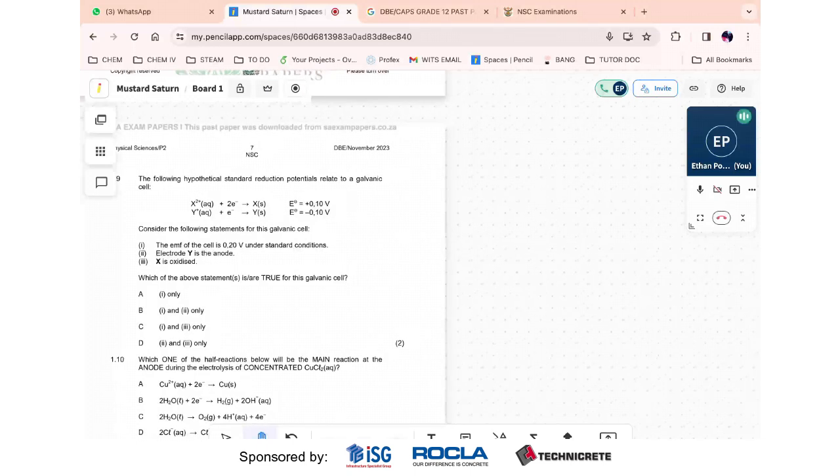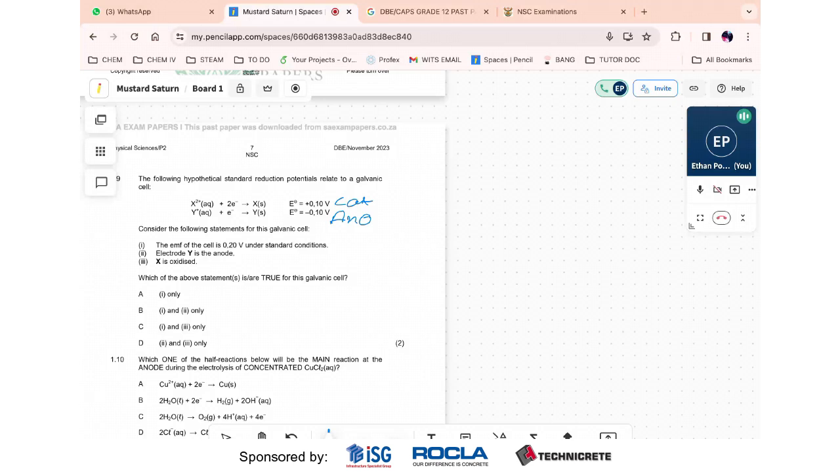There's a couple different ways you can calculate the cell potential, but essentially it's usually easier to just say cathode minus anode. In this case, you must remember that the cathode is usually a positive cell potential and the anode is usually negative. So we know that the top one is the cathode and the bottom one is the anode.